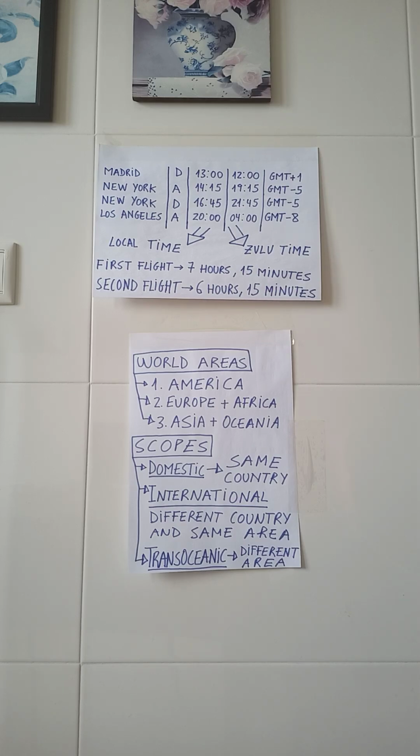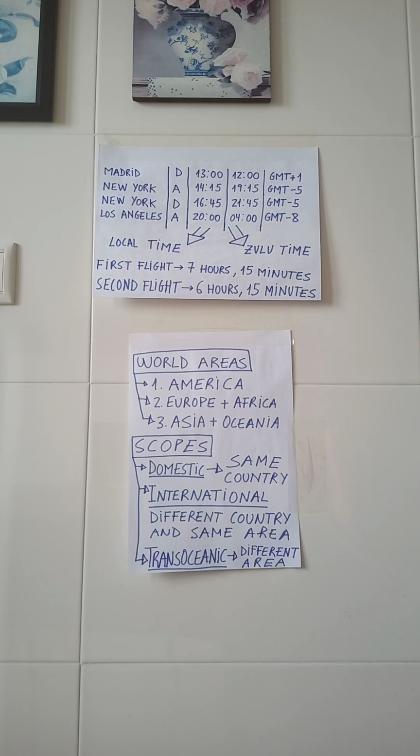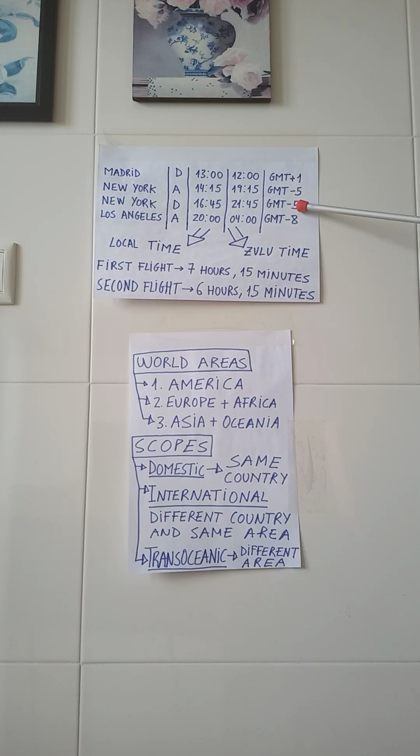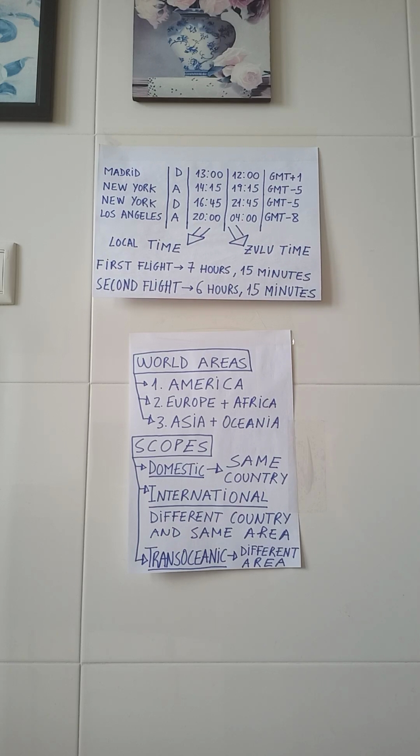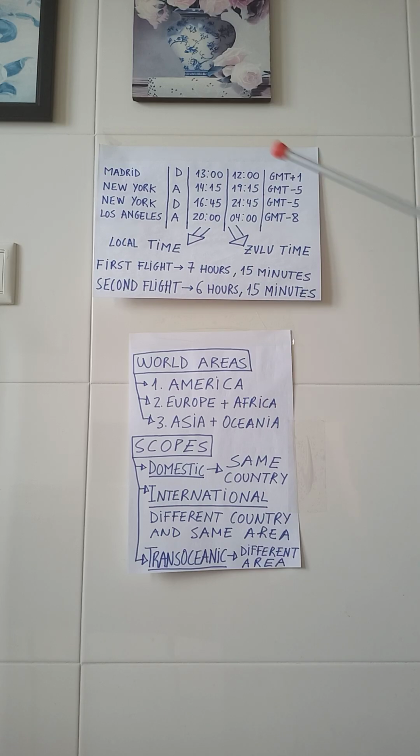We see that to know the local time in New York, we must subtract 5 here and here from the Zulu time. Subtract 5 hours from this time, and you will get the local time here and here.